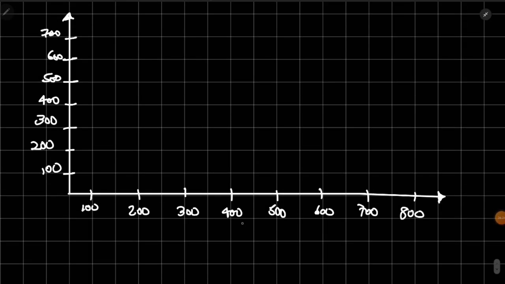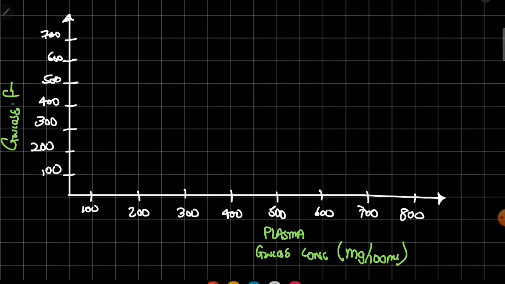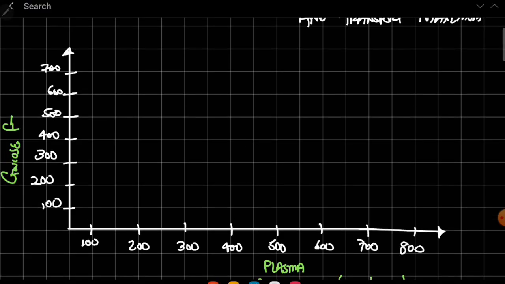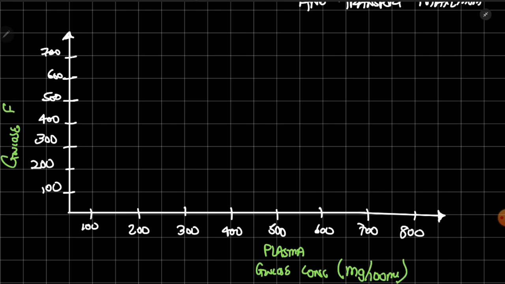The x-axis shows plasma glucose concentration in milligram per 100 ml, and the y-axis shows the reabsorption or excretion, the glucose filtered load. Sorry for the disturbance.